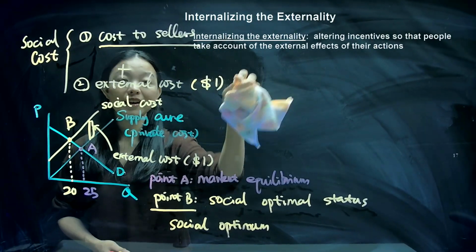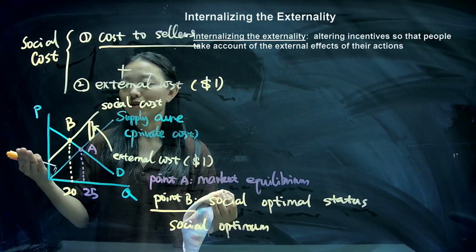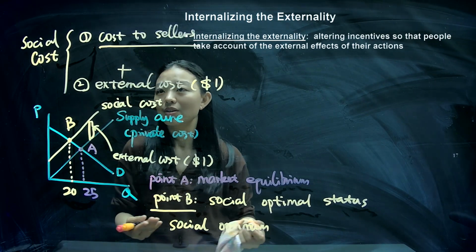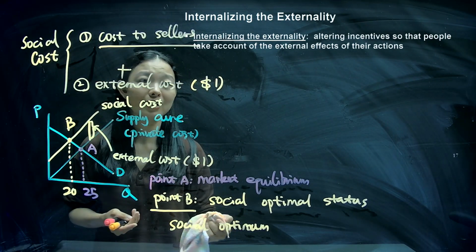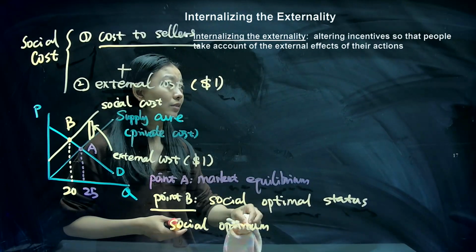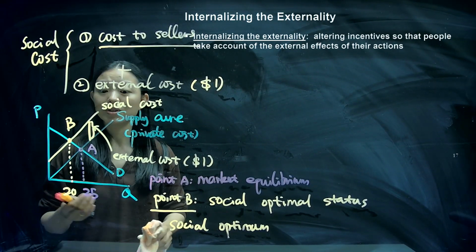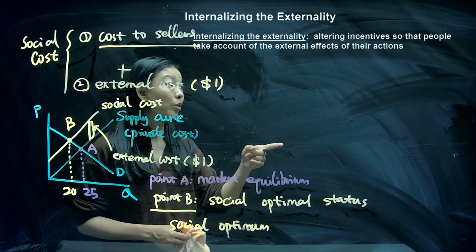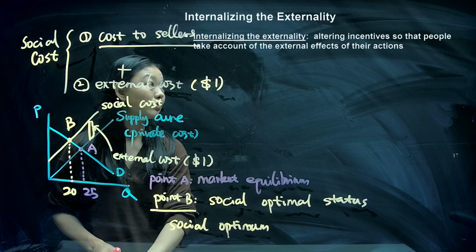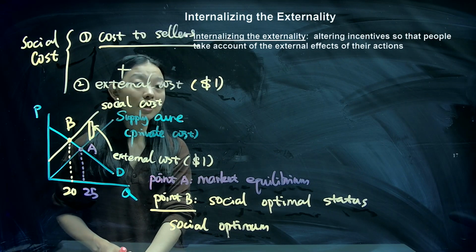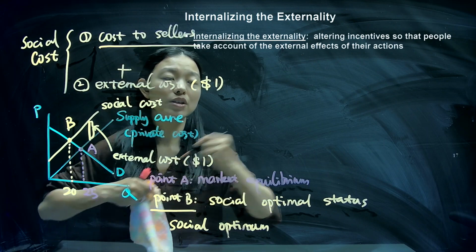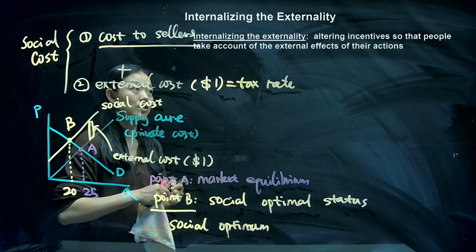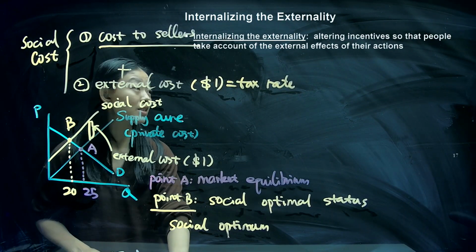If you are the governor and you realize that gasoline creates a larger external cost, a negative externality, what you can do is impose a tax to discourage people from using more gasoline. We use a tax rate equal to the external cost to internalize this negative externality.